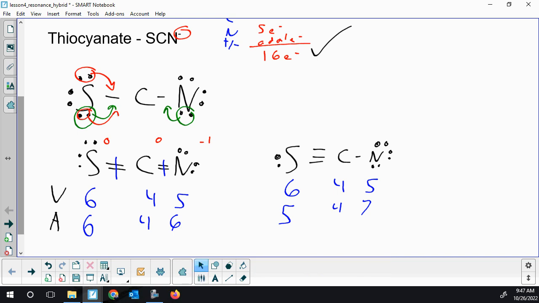So our formal charges: sulfur is short 1, has 6 valence, we've only put 5 around it. It's short 1, so it's got a +1 formal charge. Carbon 4 and 4, so that matches, no extra, no deficiency. Nitrogen has 2 extra electrons, so -2.